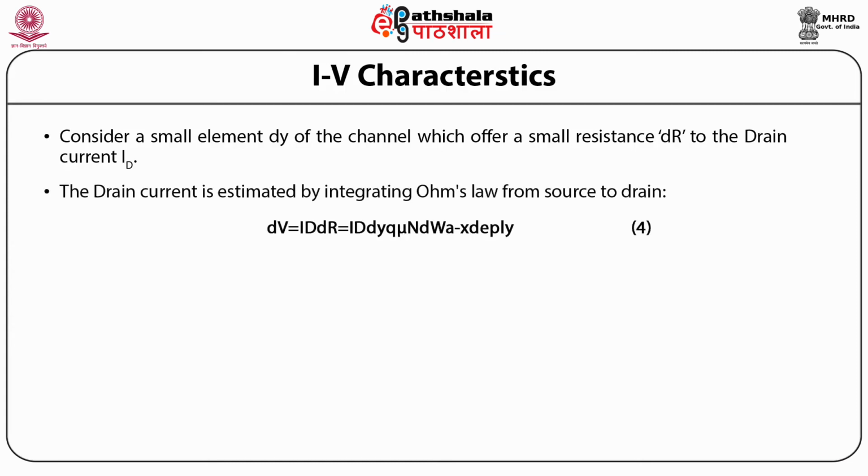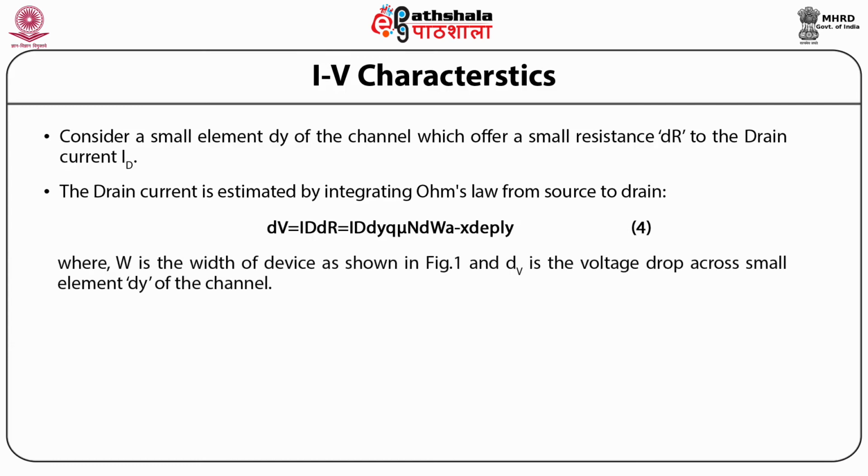Then the drain current is estimated by integrating Ohm's law from source to drain. That is dV equal to Id dr equal to Id multiplied by dy divided by Q mu Nd W multiplied by A minus X depletion as a function of Y, where W is the width of the device and dV is the voltage drop across the small element dy of the channel.